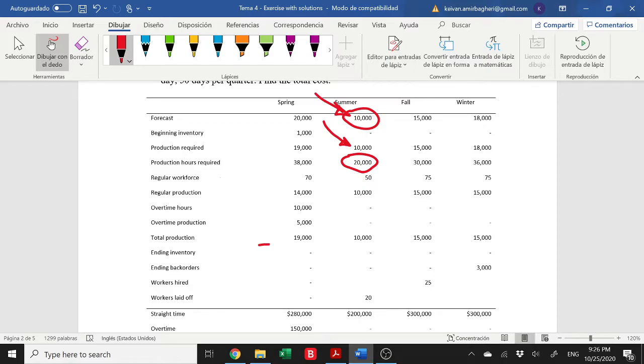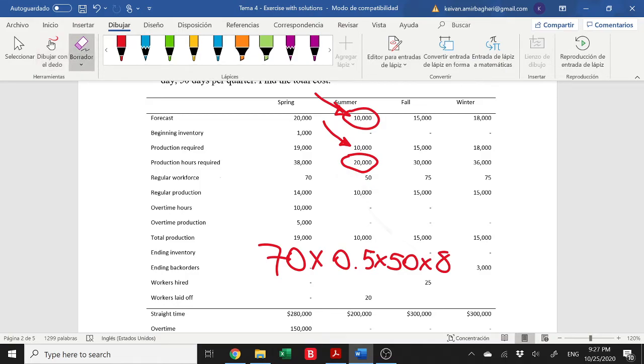You remember, we calculated 70 multiplied by 0.5 multiplied by 50 multiplied by 8. This gave us 14,000. But here, we only need the production of 10,000 units.